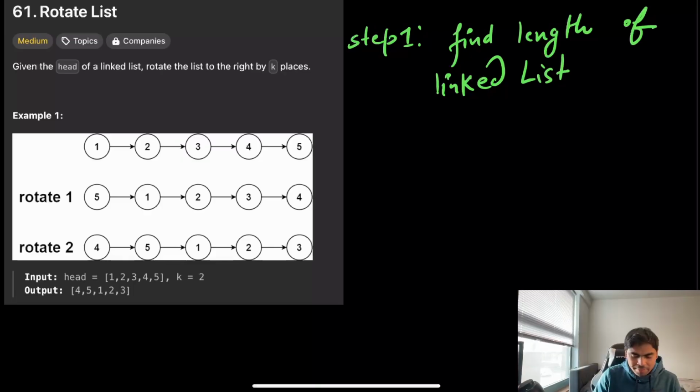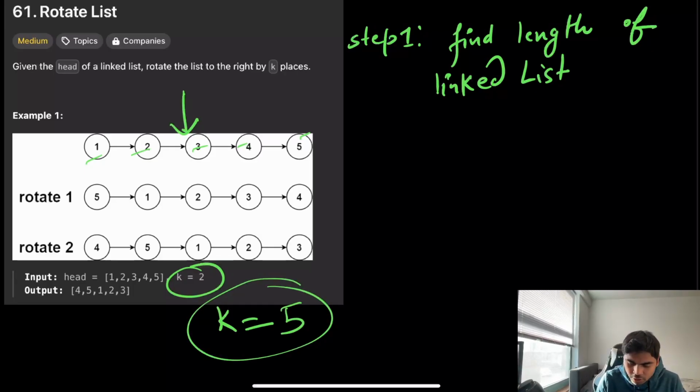Then also remember, this k does not have any restriction. But the max a list can be rotated is by its length, and when you rotate something by its length, it will become the same. So if you were to rotate this list k equals 5 times, that means what?